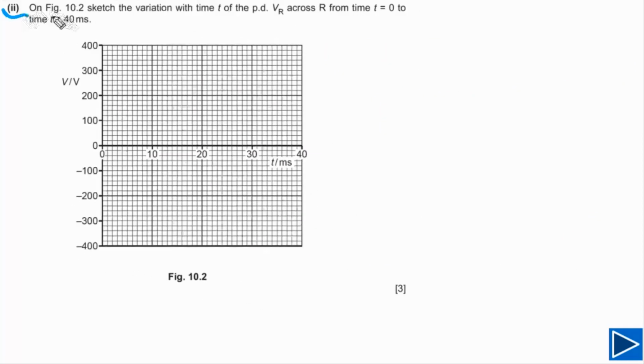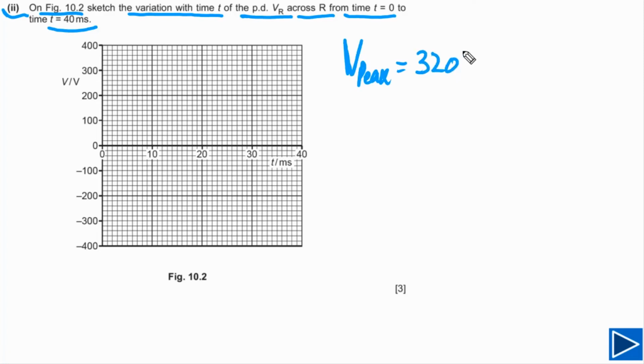For the second part on figure 10.2, we need to sketch the variation with time t of the PD VR across capital R from time t equal to 0 to t equal to 40 milliseconds. For this question, we have the peak voltage across the resistor, which is equal to 320 volts.